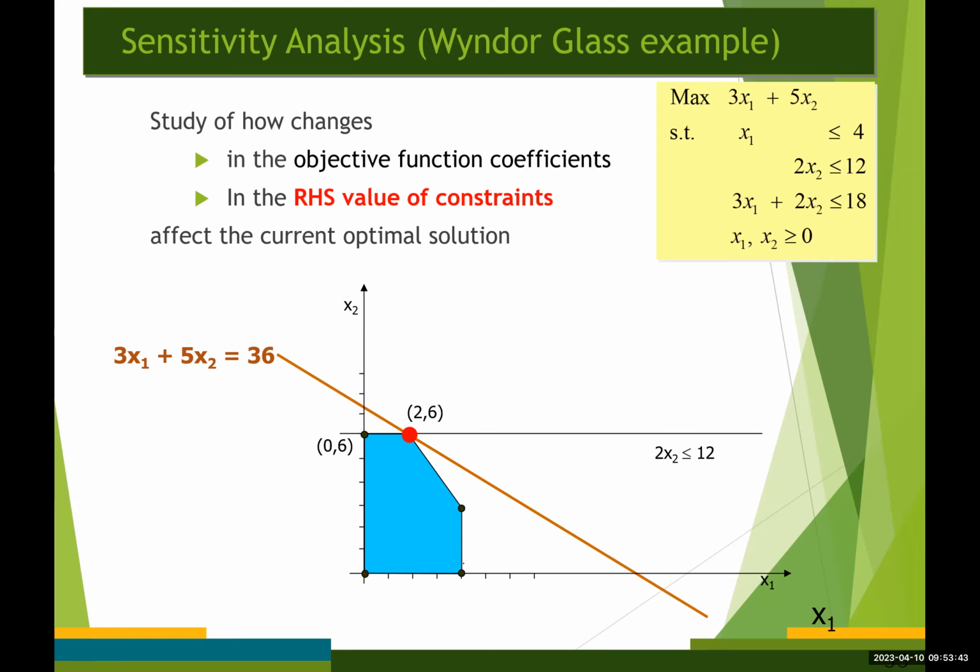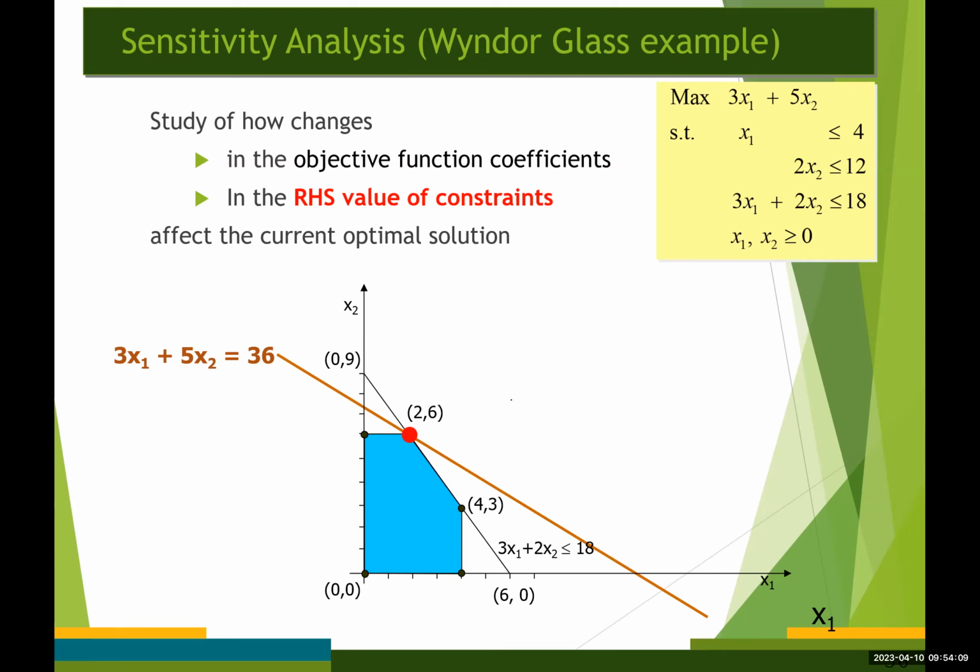And if you change the right-hand side value of the plant number 2 constraint, then this line will move either this way or this way. So in that case, the feasible region will also change, right?